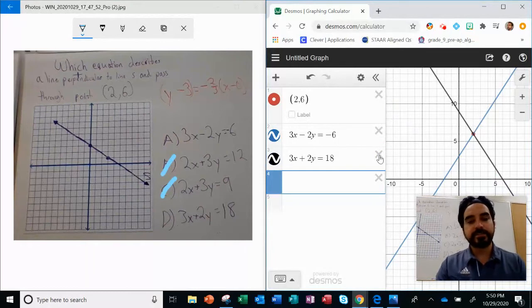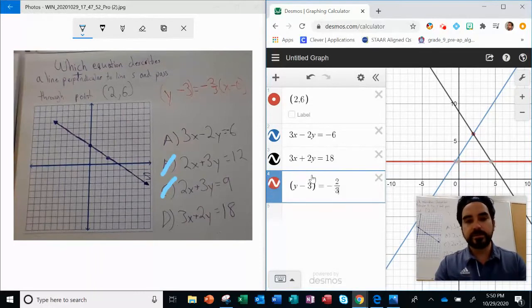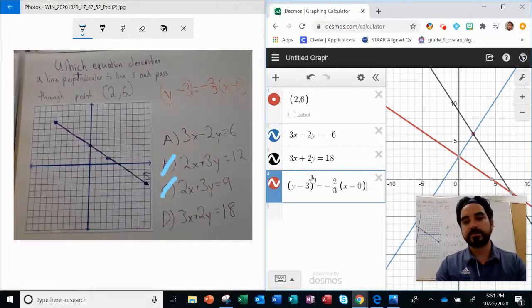Now, the last thing we have to do: which equation describes a line perpendicular? So we're going to type in the original equation, which was open parentheses y minus 3 close parentheses equals negative 2/3 open parentheses x minus 0 close parentheses.